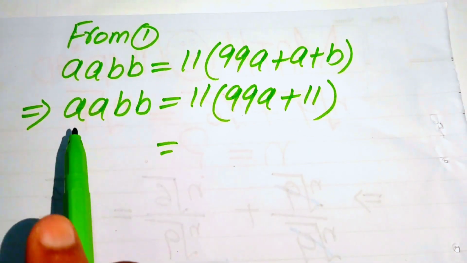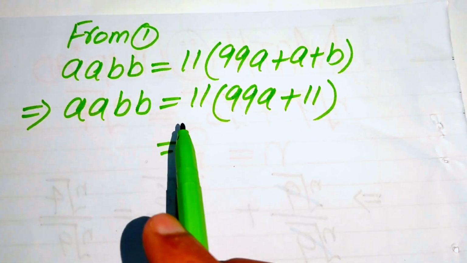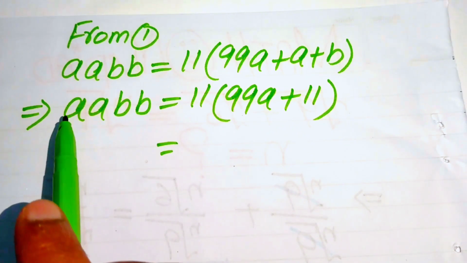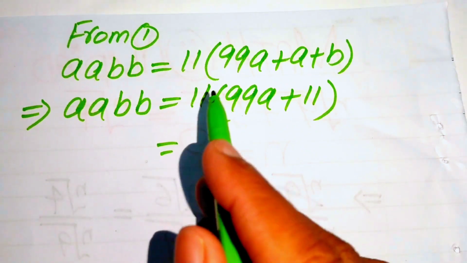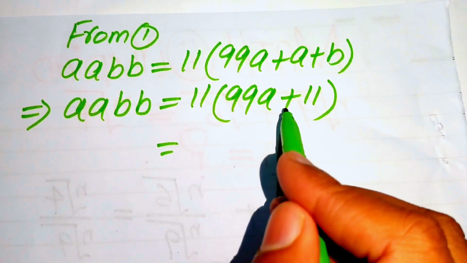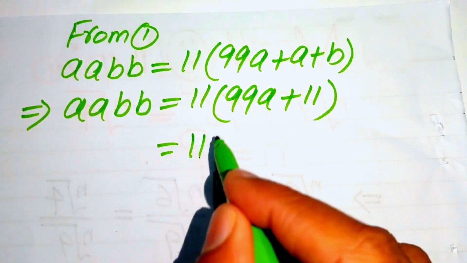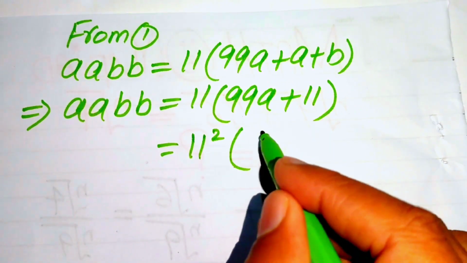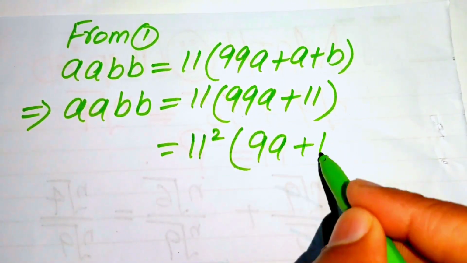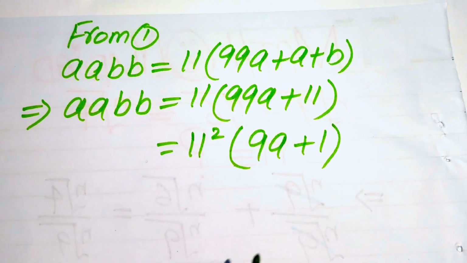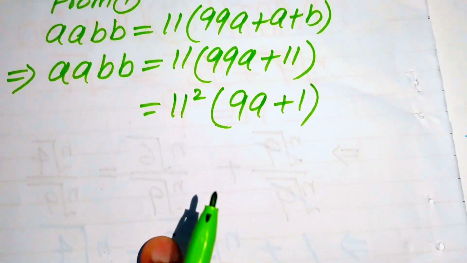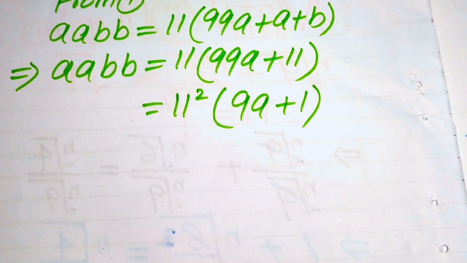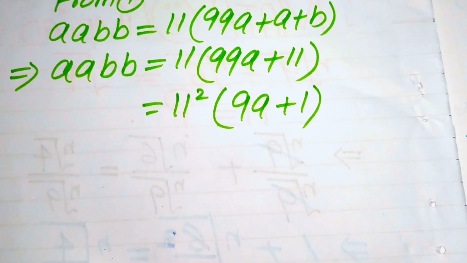Because our given question is bb equals c square, we convert this number into a perfect square. So here you take 11 common, and you get 11 square into (9a plus 1).